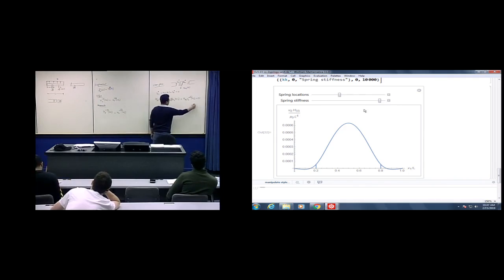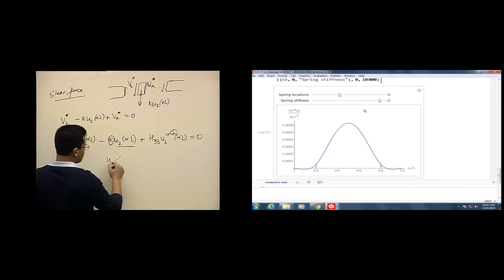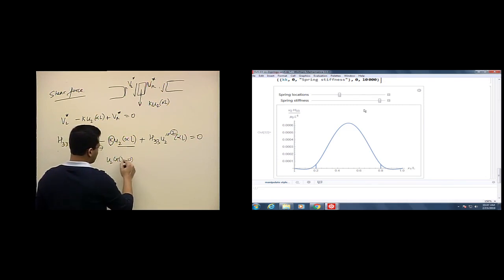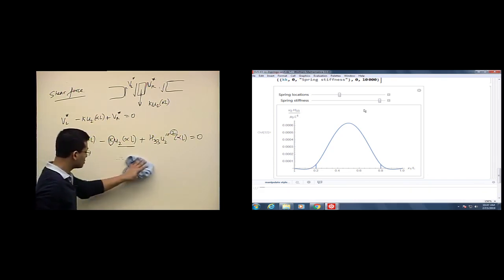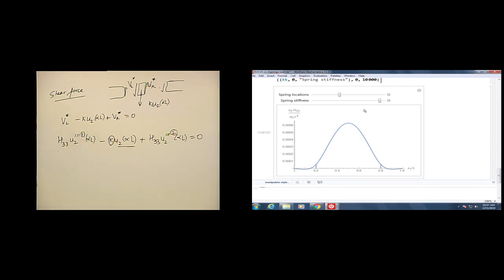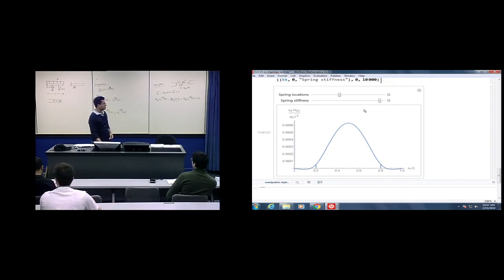You take all these terms on the right hand side, divide by k, so essentially you receive that U2 alpha L is 0, right? Because the derivatives would always be very small already. So this equation would be equivalent to writing displacement 0 in that case. So that's why you see that after increasing the spring stiffness by a huge margin, you don't see any displacement.